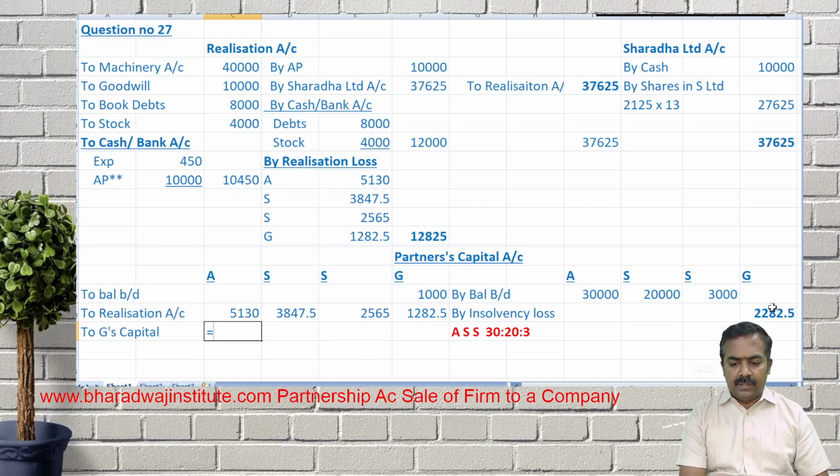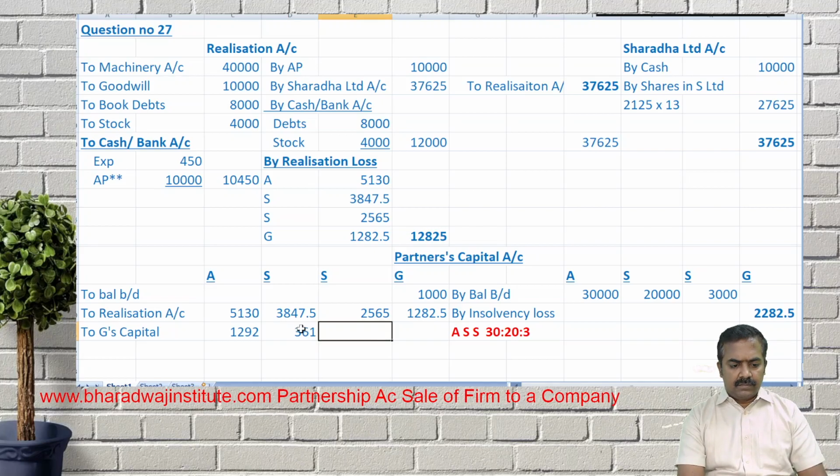This into 30 by 53. 1,292.1. This into 20 by 53. 861. Leave the decimal point. Then this one will be 129.21.